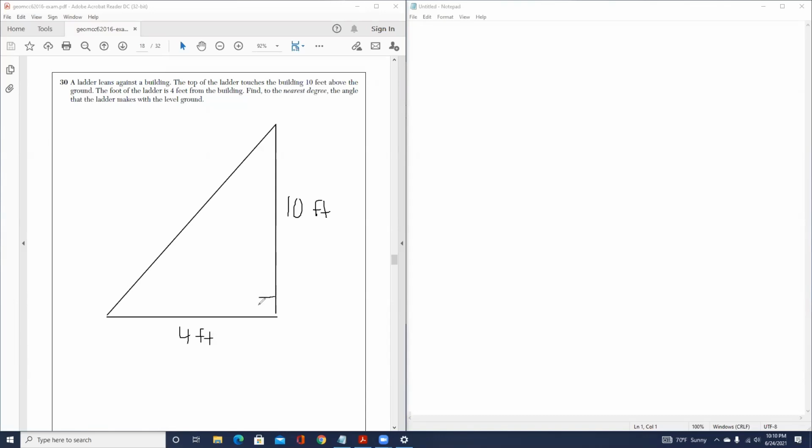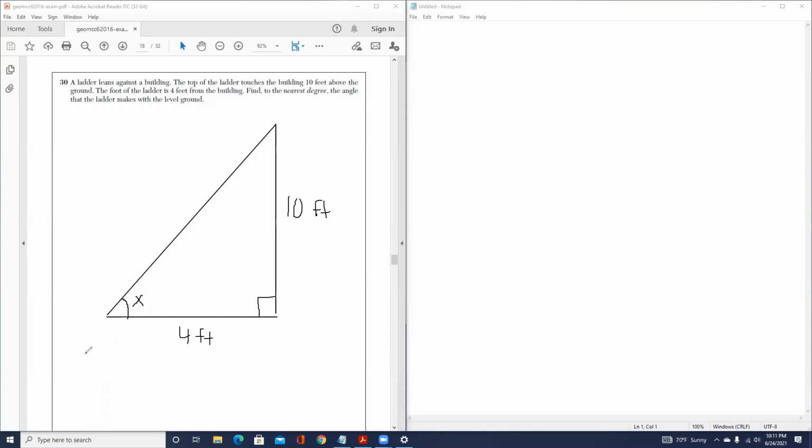This is our right angle, because hopefully, if the person built it correctly, the wall of the building is perpendicular to the ground. We have to find, to the nearest degree, the angle the ladder makes with the level ground. We're going to call this x.